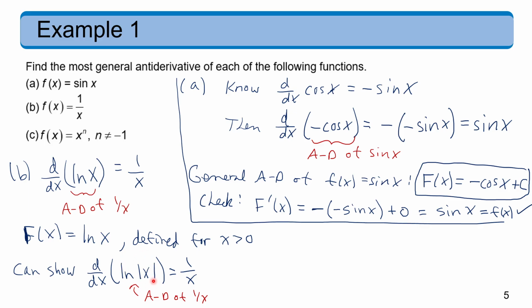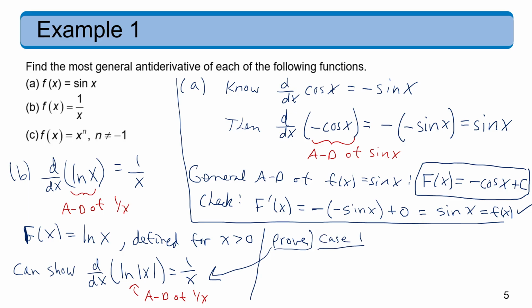So first, I want to show you this argument, right? So let's now prove what I just claimed, that this statement, the derivative of natural log absolute value of x equals 1 over x. So because of being defined by an absolute value, we could consider cases.